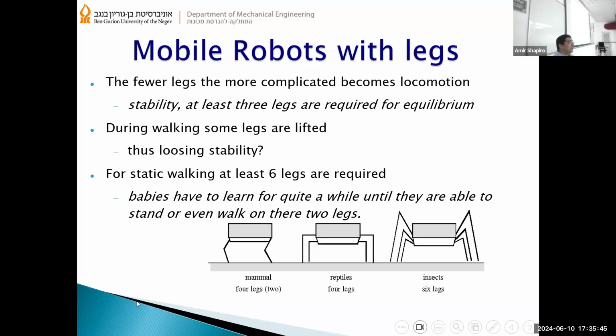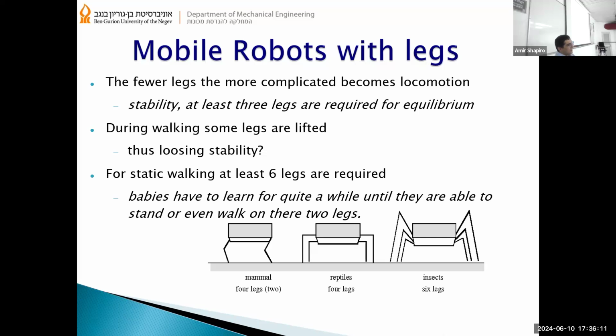And what is static walking? It's quasi-static. It's not static. It means that you can scale down the time axis, and it will still work. So even if you do it very slow, it will work.